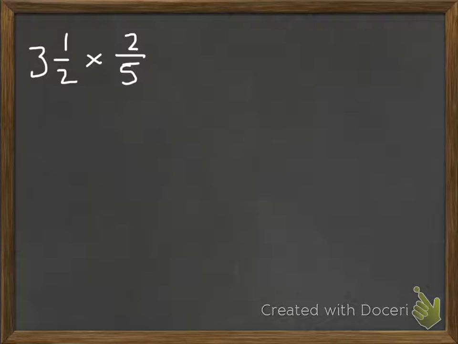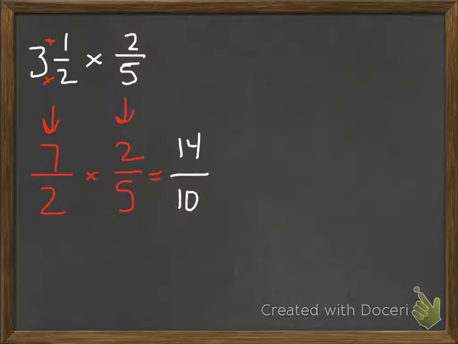So we have 3 1/2 times 2/5. So we know that 3 times 2 is 6, and 6 plus 1 is 7 over 2. 2/5 stays the same. 7 times 2 is 14. 2 times 5 is 10. So we got to change that to a mixed number.